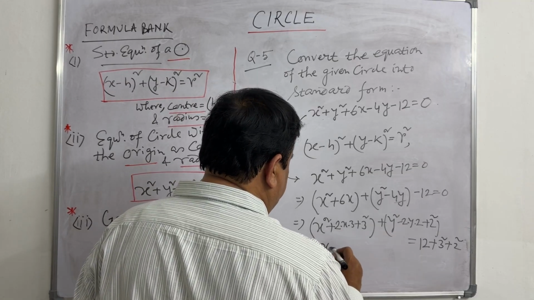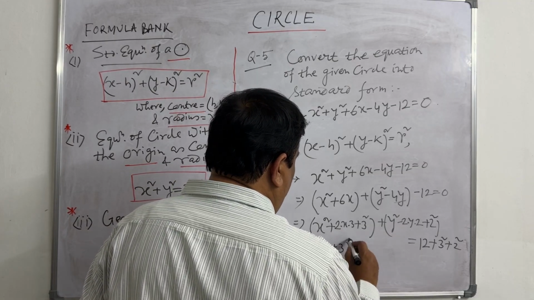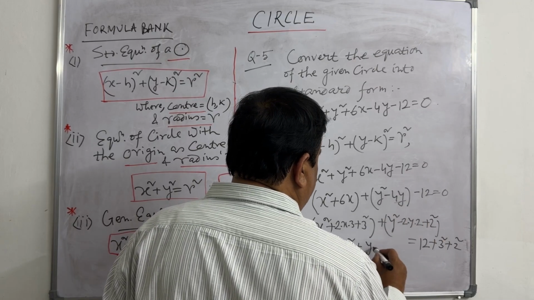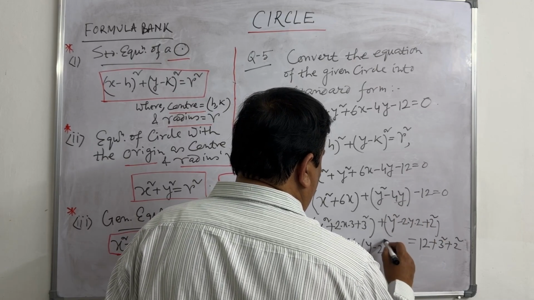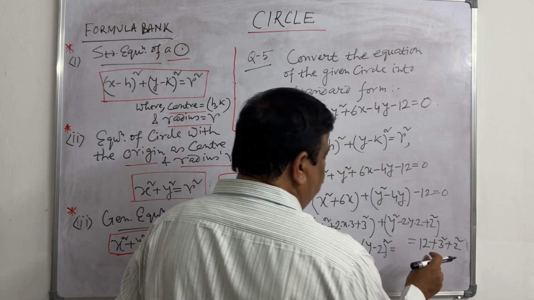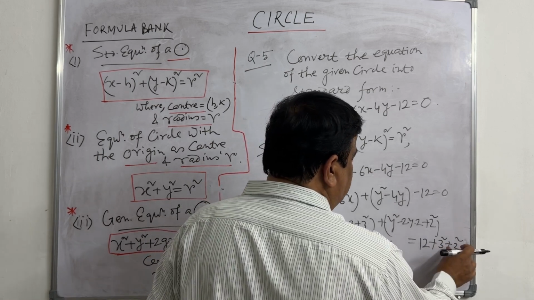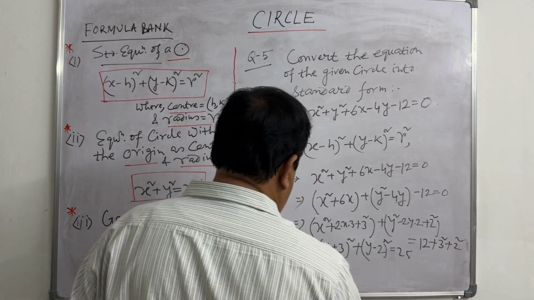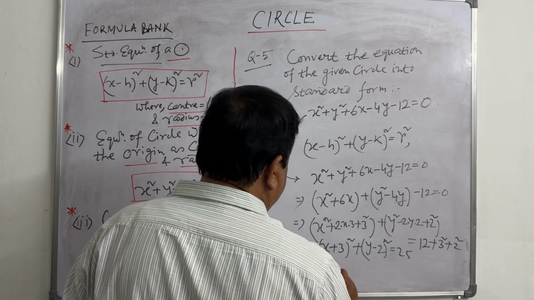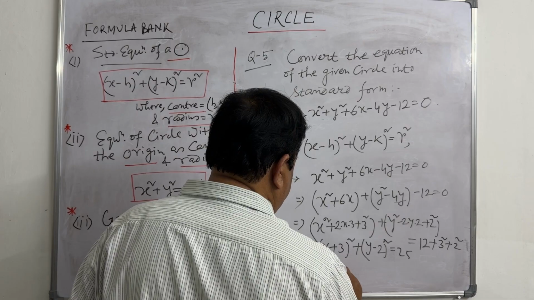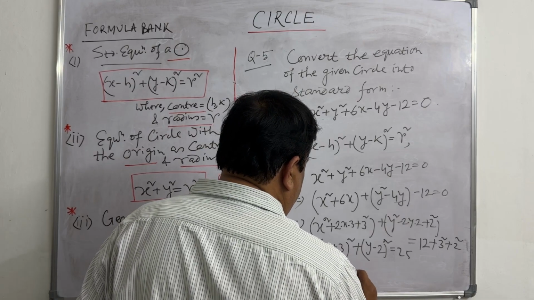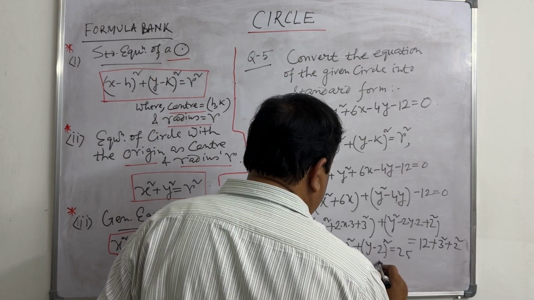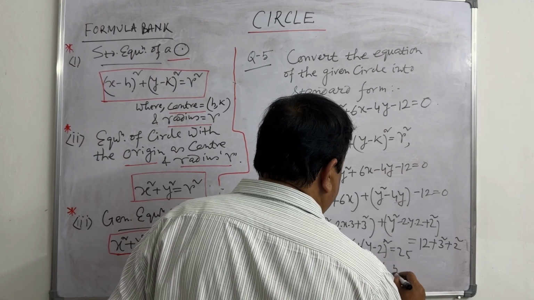This is (x plus 3) whole square, and you can write this as (y minus 2) whole square. And what is the value of this? 12 plus 9, 21 plus 4, 25. Okay. So this is (x plus 3) whole square plus (y minus 2) whole square, that is equal to 5 square.